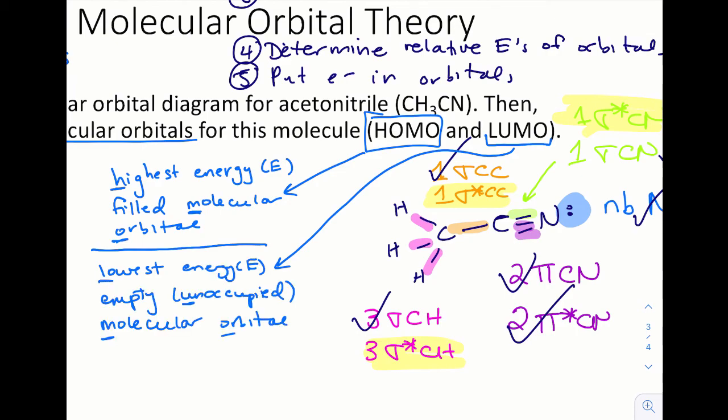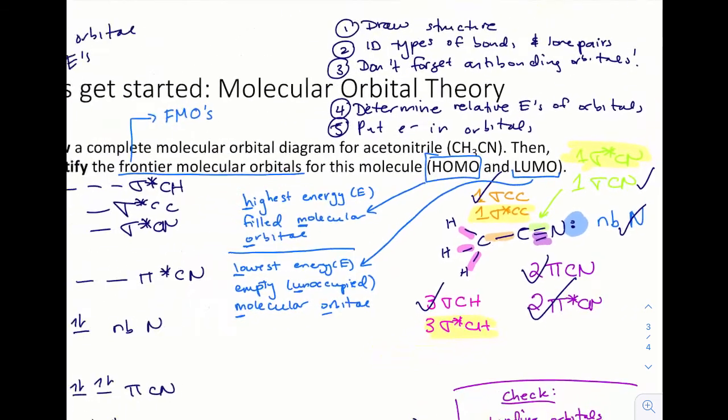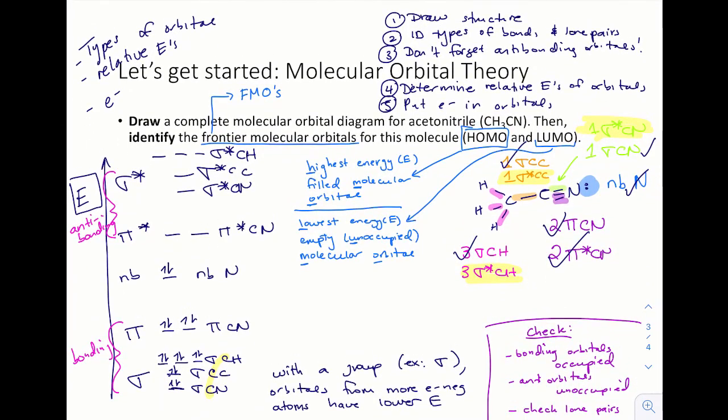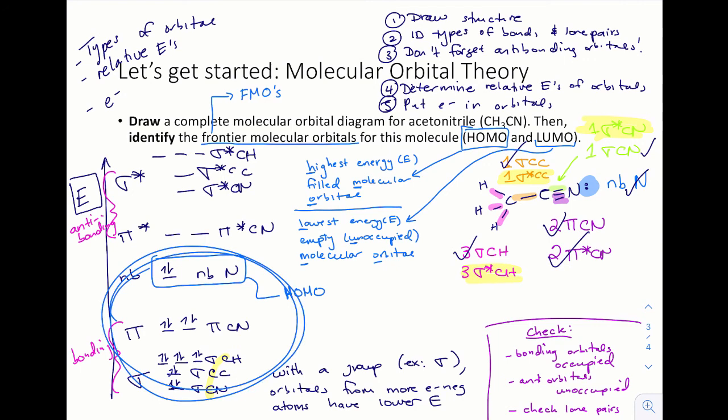Now that we recall these definitions, let's apply them to this problem. Highest energy filled or occupied molecular orbital, that's on the edge of the filled orbitals. And for this molecule, that would be the non-bonding pair of electrons. That is the highest energy of these orbitals that are occupied with electrons, right? We choose amongst these orbitals, and the non-bonding pair of electrons is the highest energy filled orbital.